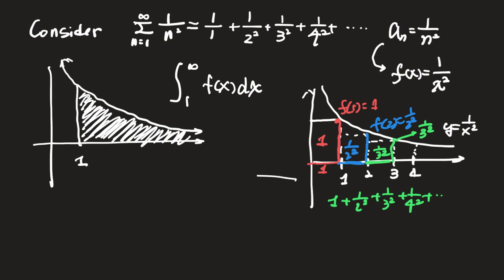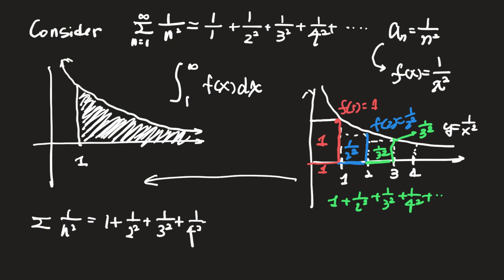Let's start with the series, the total area of each rectangle. That represents the series 1 plus 1 over 2 squared, 1 over 3 squared, 1 over 4 squared. But which area is bigger?